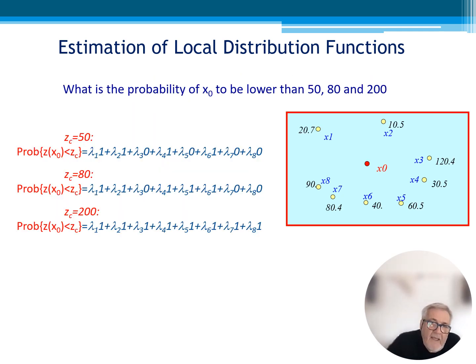So we can calculate any probability, for example a probability lower than 50, 80, 200, and so on. We do the same procedure: we transform into a binary variable according to this threshold, 50 or 80 or 200, and afterwards we calculate the weighted average of this binary variable.